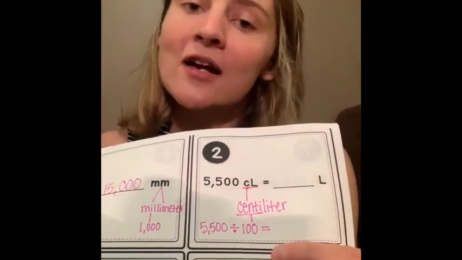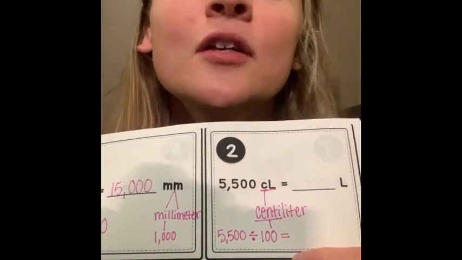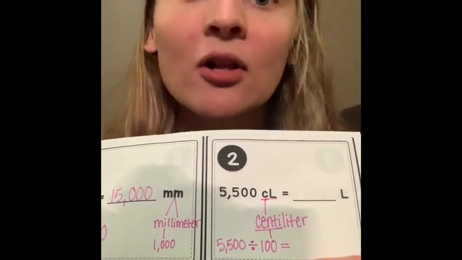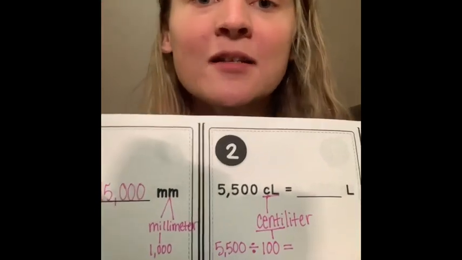And you're probably like, whoa, Miss Ashley, that's going to take me way too long to do that with the area model of division. Well, I agree with you. So if you don't already know this trick, hold your horses because it's about to blow your socks off.